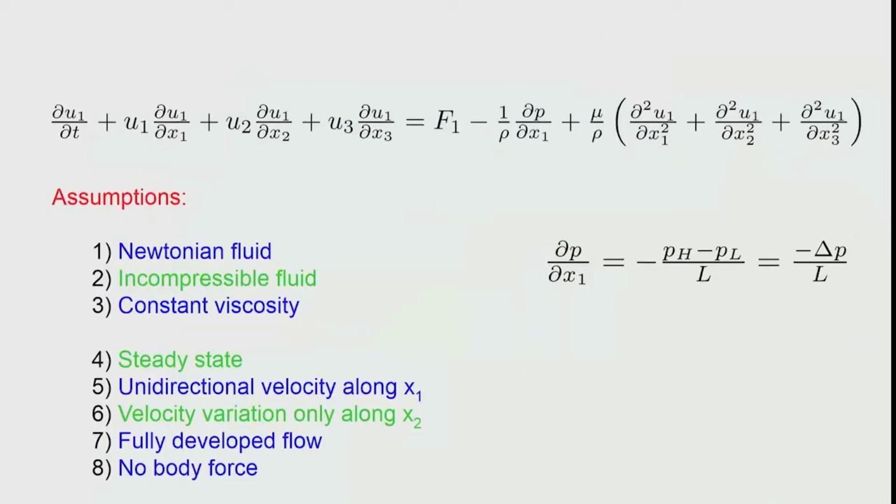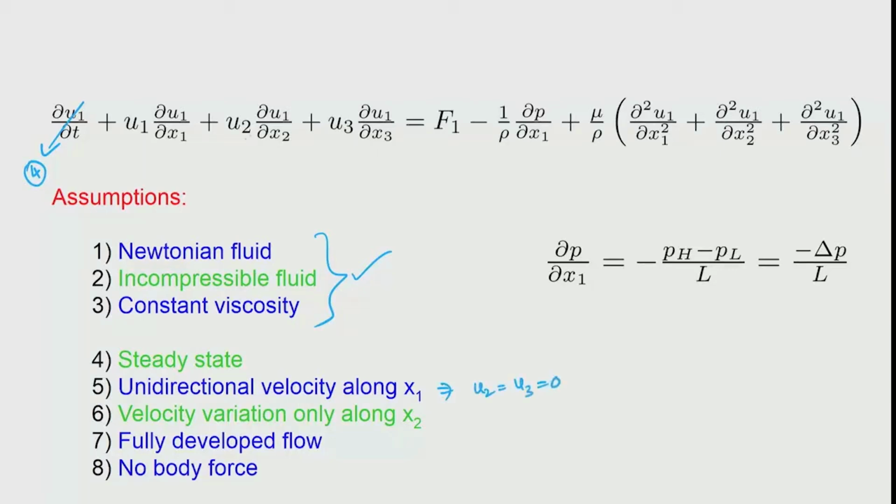Okay. So, again we go through this exercise of looking at the entire Navier-Stokes equation, and that is written for the 3 assumptions that we have written here, and making the simplification. So, we again assume that the pressure gradient is applied and the fluid flow is happening at steady state. So, we knock off this term because of the assumption 4, and we say the velocity is along x1. So, which means that u2 is equal to u3 is equal to 0.